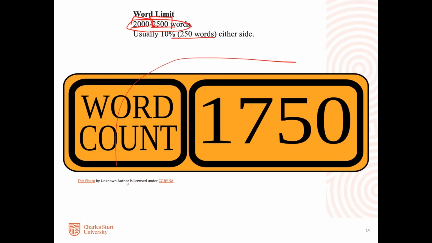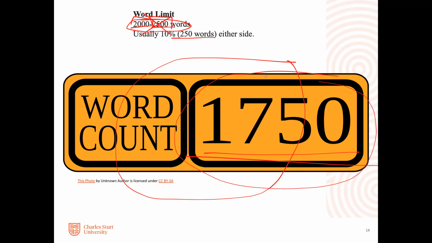So aim for around 1,750. It's tough, I know it's a big write, but I'll show you how to break it down in a moment. If it helps not to think about 2,500 words, it helps to think about 1,750. That's our minimum requirement.